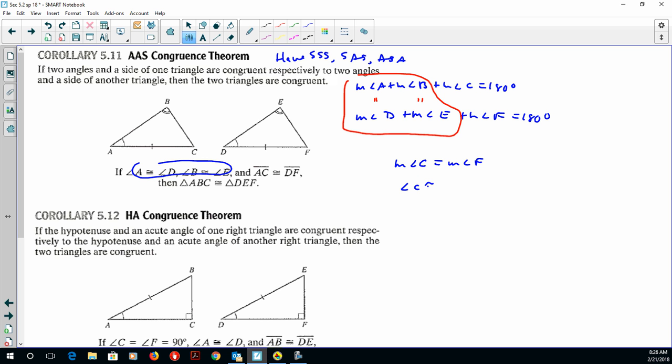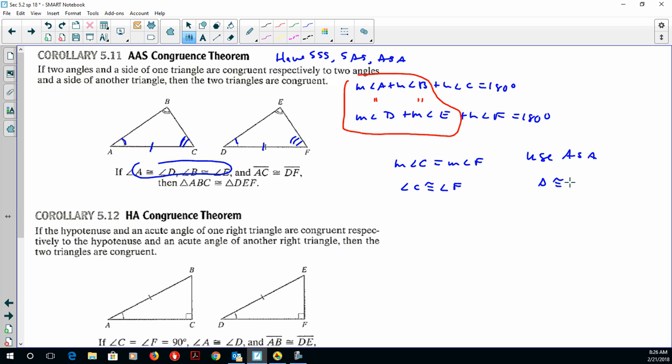Okay, and now we have angle, side, angle. So the triangles are congruent that way.